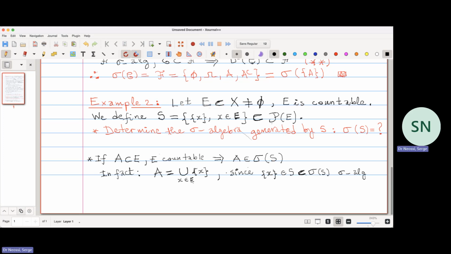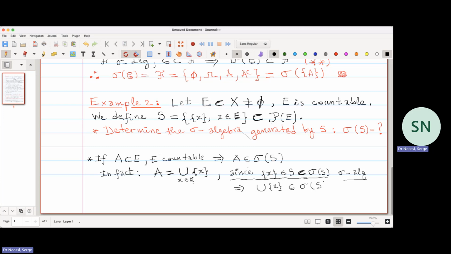it will imply, from this information and the fact that it's a sigma algebra, that the countable union of such elements is in the sigma algebra.